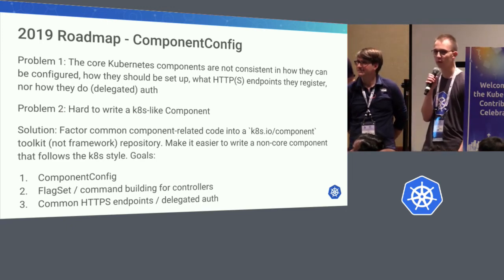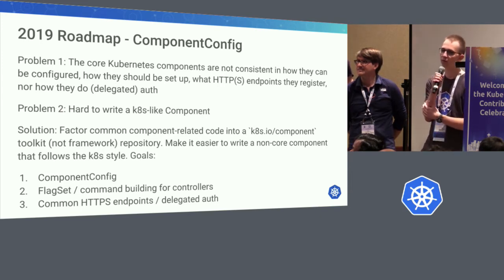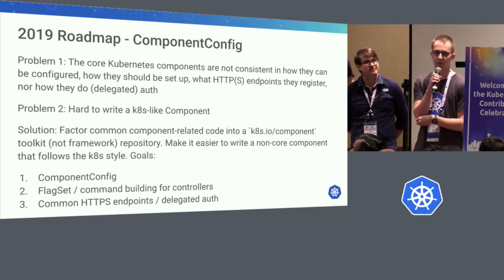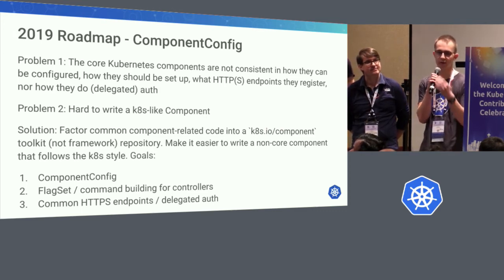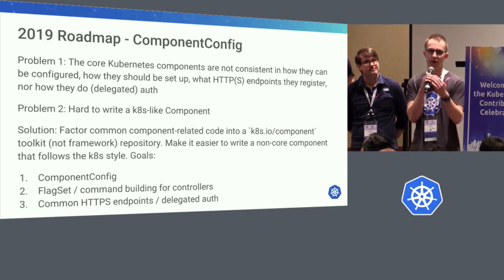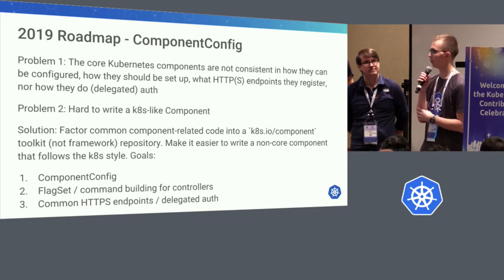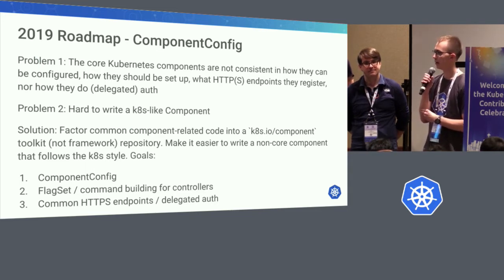So the way we want to go here is move from using flags for configuring the core components and, for example, the add-ons as well, like kube-proxy and CoreDNS, should support this way of declarative config.